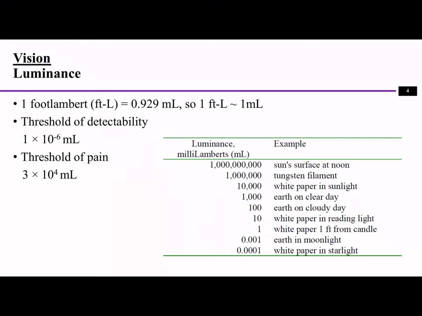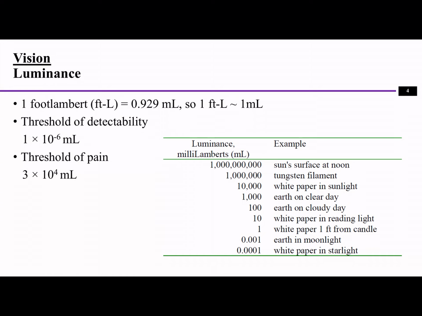And also, 100 millilamberts is similar to the Earth on a cloudy day, or 1,000 will be like Earth on a clear day. When it gets even brighter, 10,000 millilamberts is like when we see a white paper in sunlight.